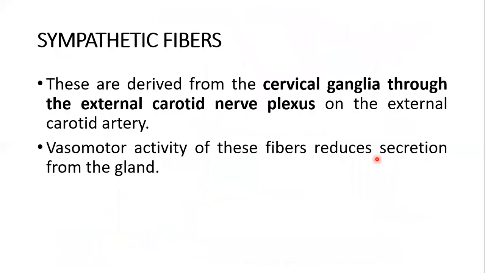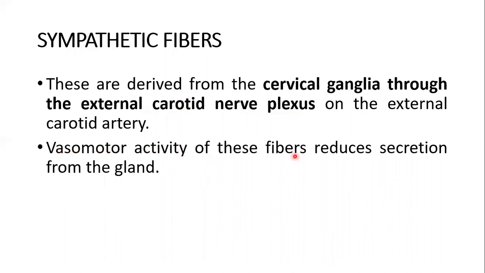And then we get the sympathetic nerve supply. It comes from the cervical ganglia through the external carotid nerve plexus on the external carotid artery. I showed you that the external carotid artery is present in the substance of this parotid gland, and there is also present the nerve plexus on it.